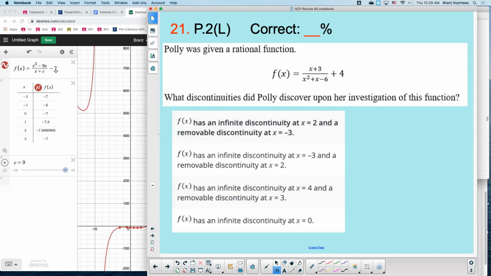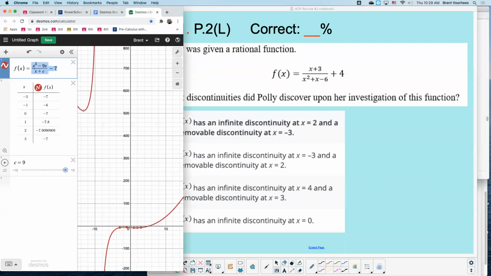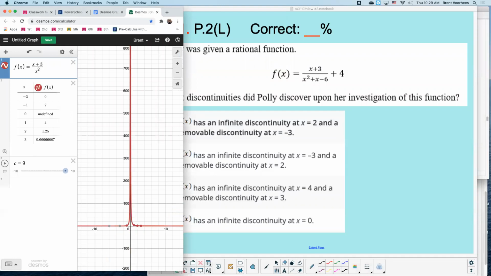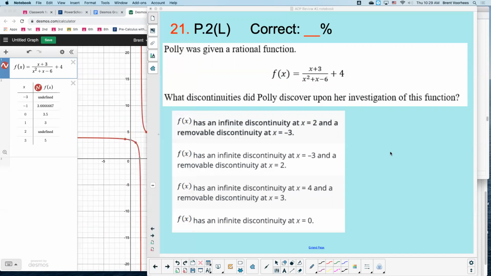So what I'm going to do is I'm going to change this problem to the new equation. So I'll delete that. I'm going to type in this new equation: x plus 3 over x squared plus x minus 6 plus 4. And the problem gives us some values. So here's the cheating way with multiple choice, is to only observe these values.